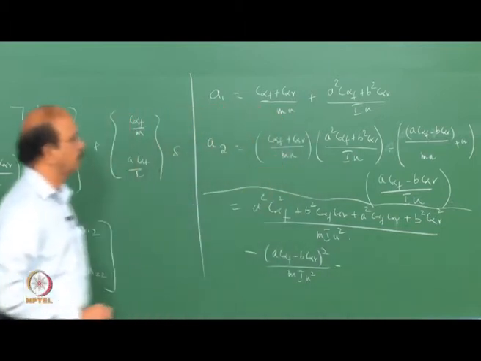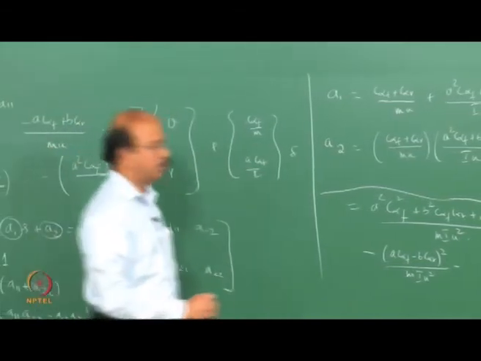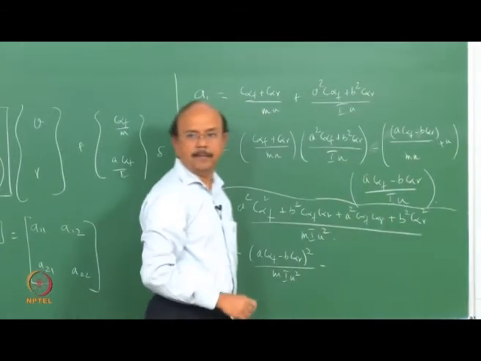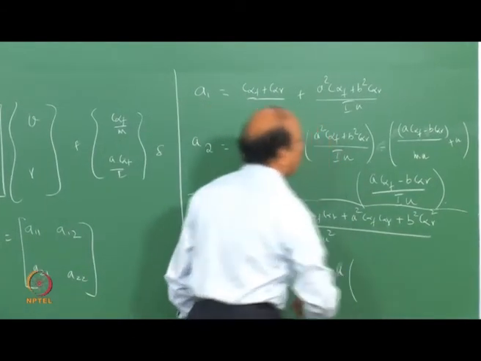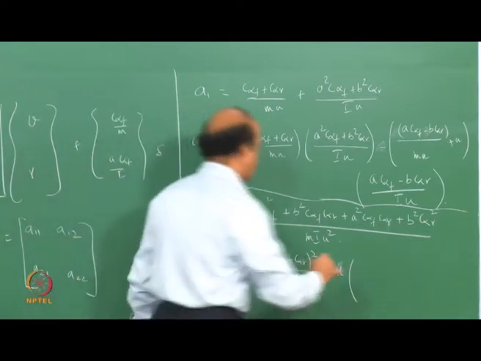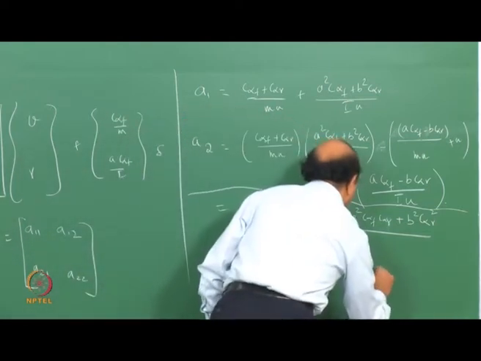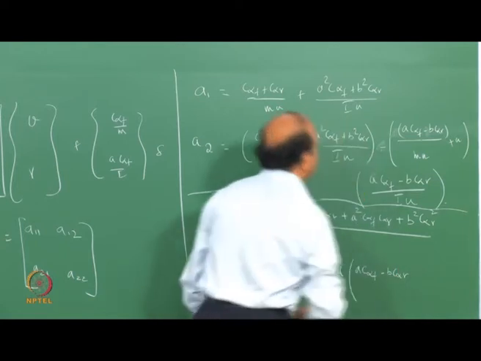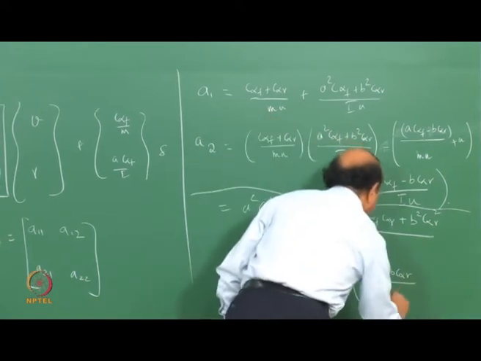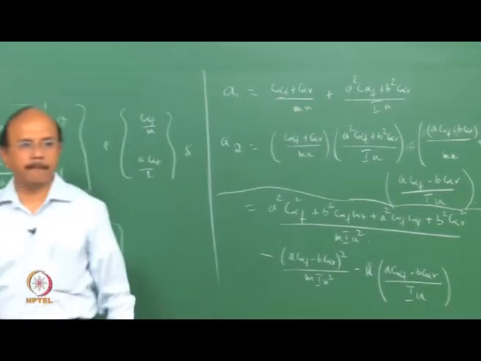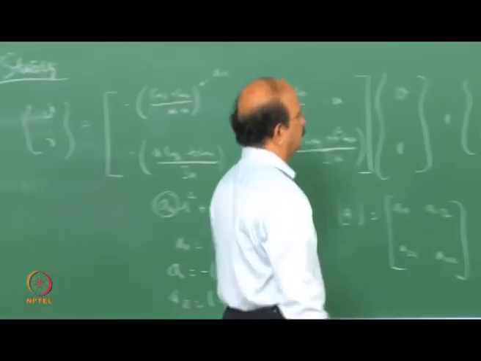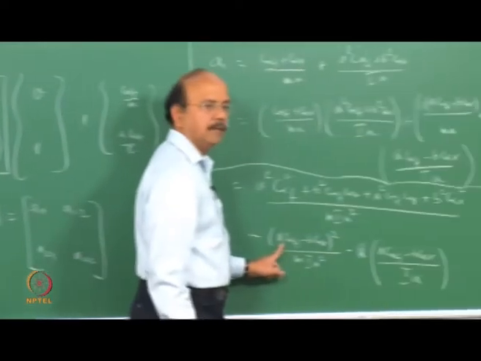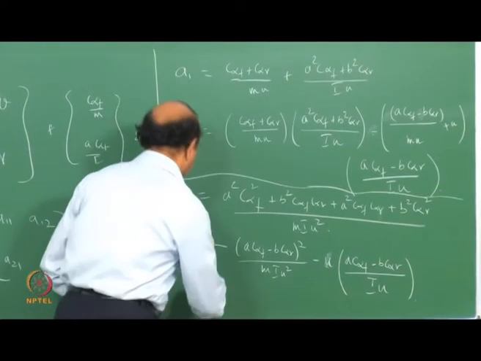Then next term, minus u, because minus is there, minus u into (A C alpha F minus B C alpha R) divided by I u. Clear? Simplify this, expand this, so what will you get?